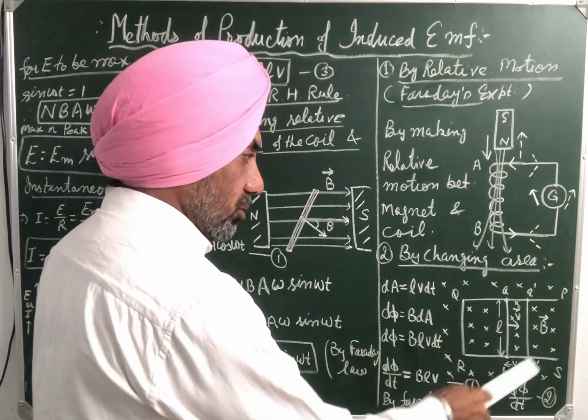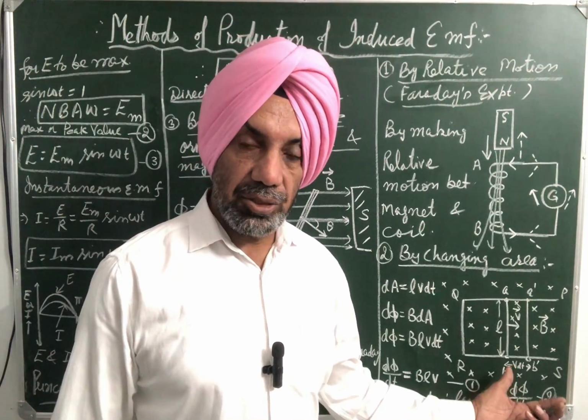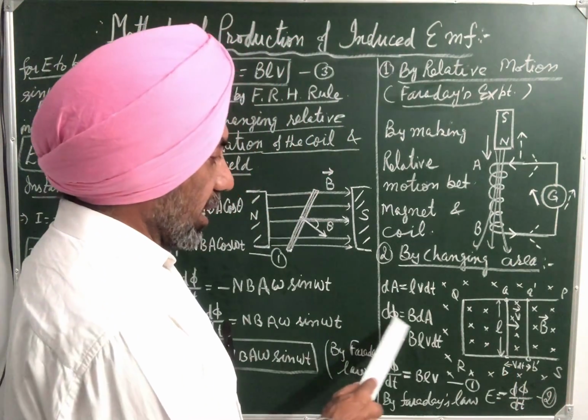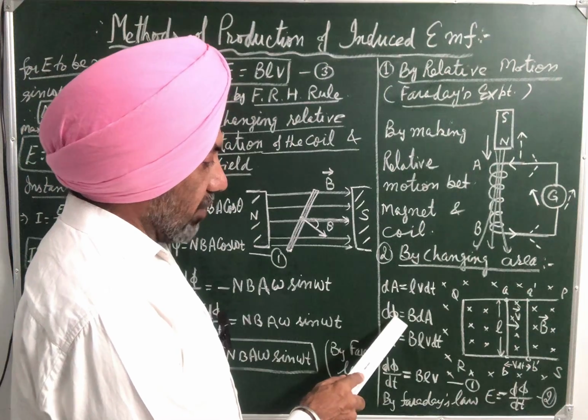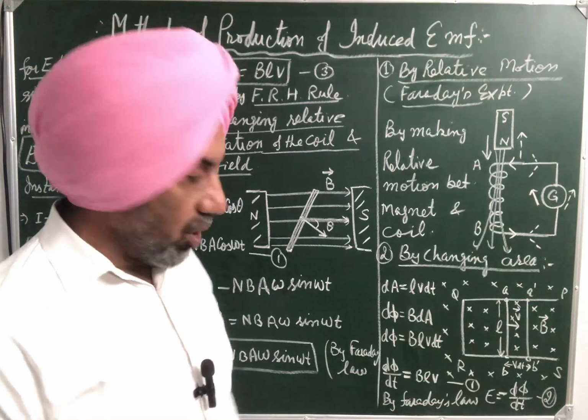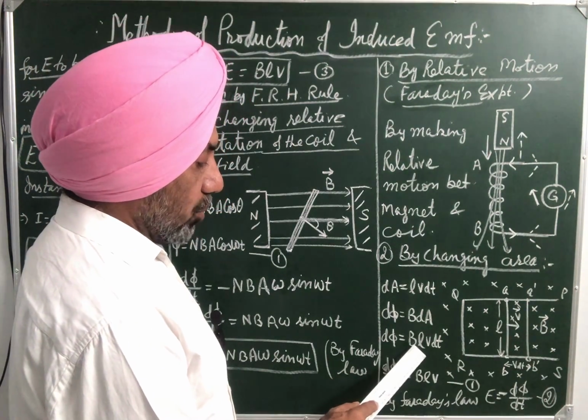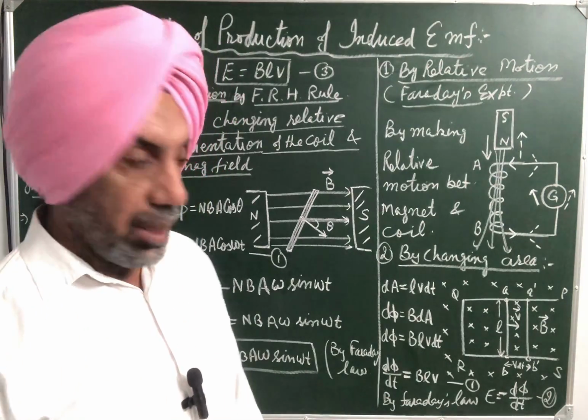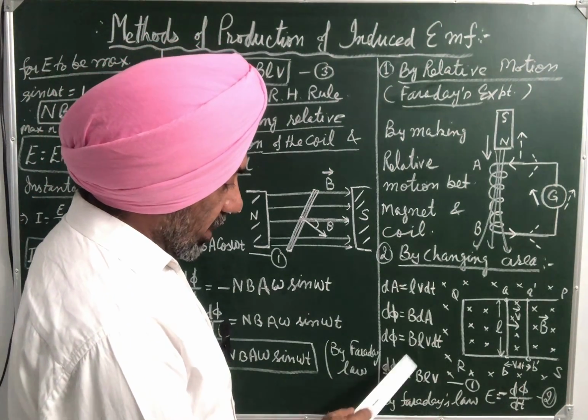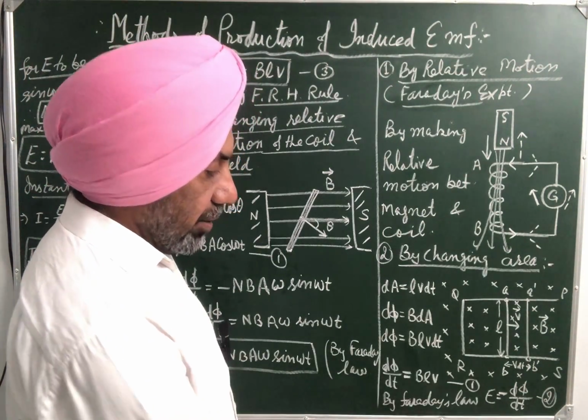Due to the change in area, there will be a change in magnetic flux. The change in magnetic flux d phi is given by B dA because B is uniform, or d phi is equal to B L v dt. Differentiating, we have d phi by dt is equal to B L v. Call this equation 1.